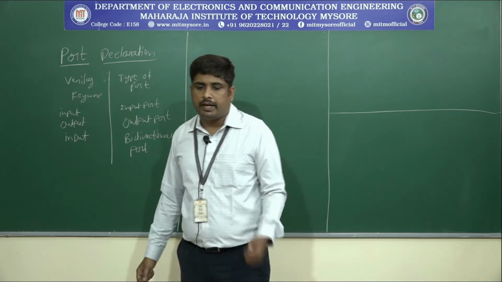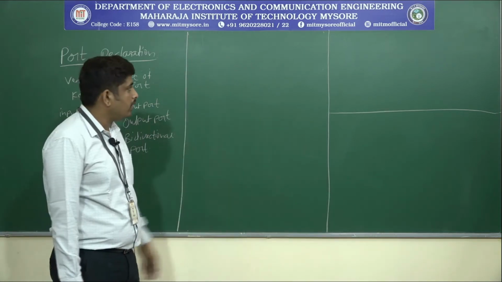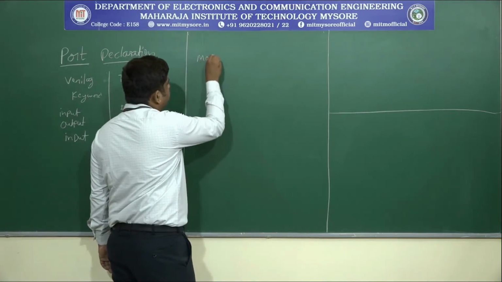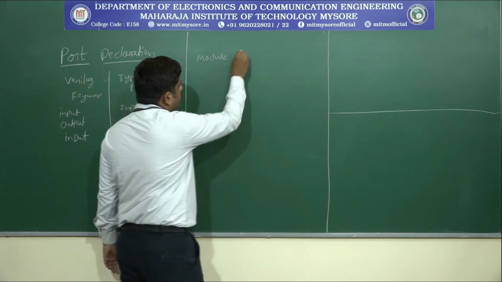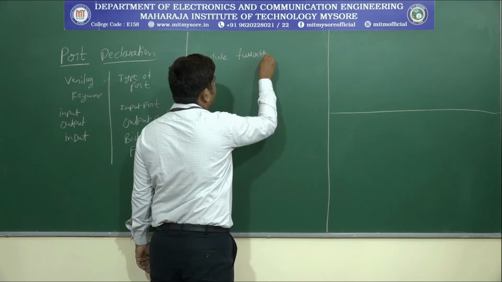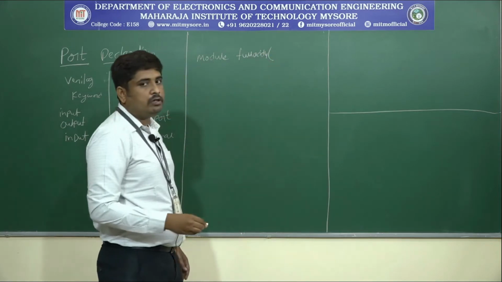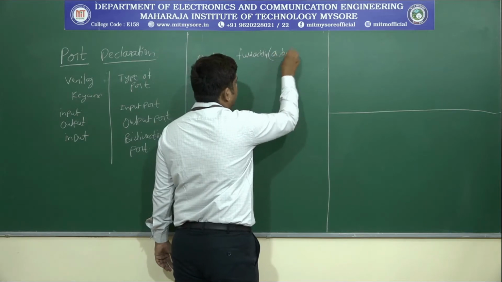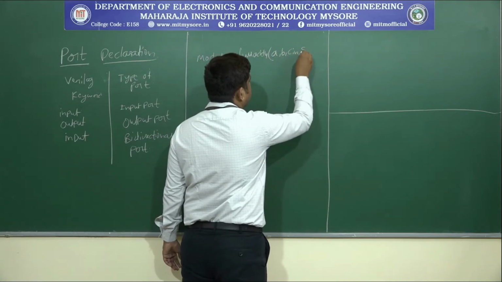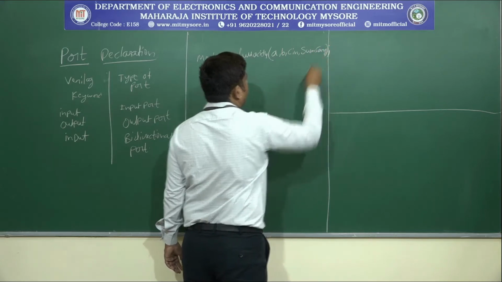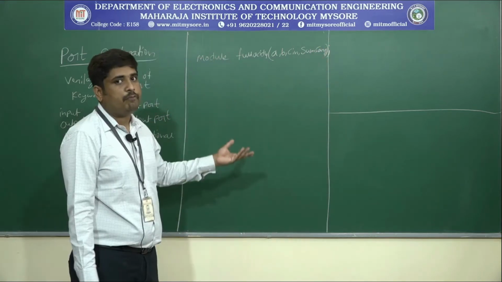Let us assume the 4-bit full adder circuit again, then you can easily understand port declaration. With respect to the previous one, module full add 4 is the name of the module. For the full adder, the list of ports is A, B, Cin, sum, carry.